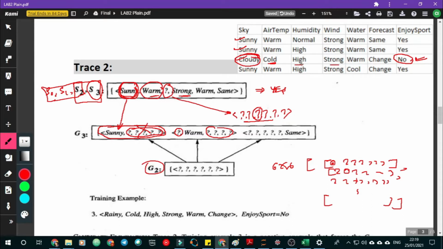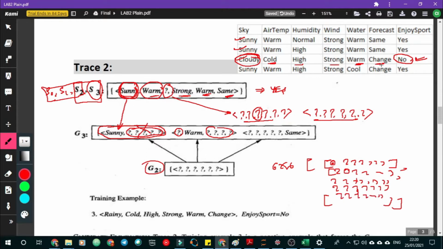If both are same, replace it with question mark. If both the values from the specific and the data sample are the same in the general hypothesis, keep question mark. Okay, over here, question mark. Next is warm, and warm again do the same, question mark.